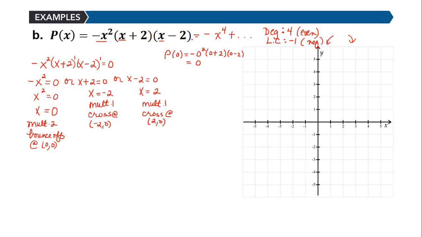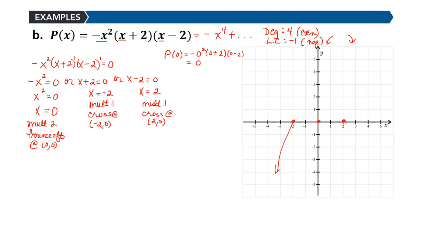And so we can kind of get an idea of what's going to happen. We'll plot (0, 0), (-2, 0), and (2, 0). We know that the graph is going to cross through (-2, 0) and (2, 0), but it's going to bounce off at (0, 0). We know that it starts down to the left, so to the left of (-2, 0), the graph is going down.